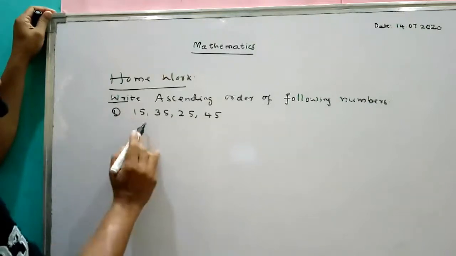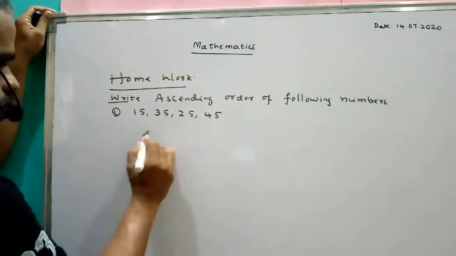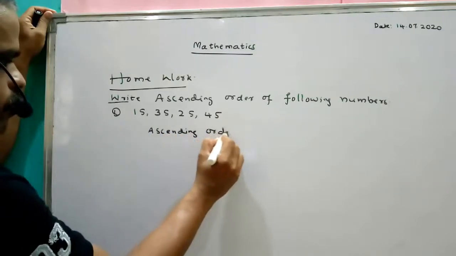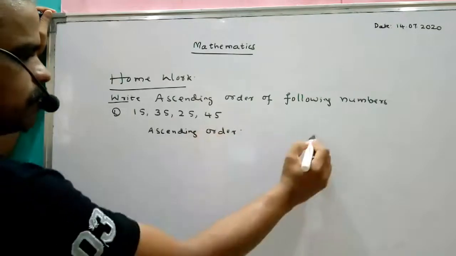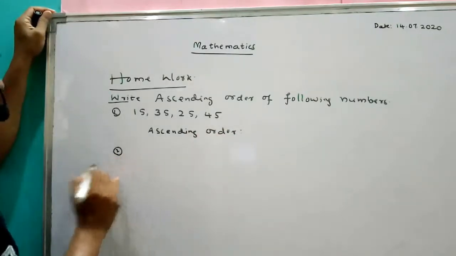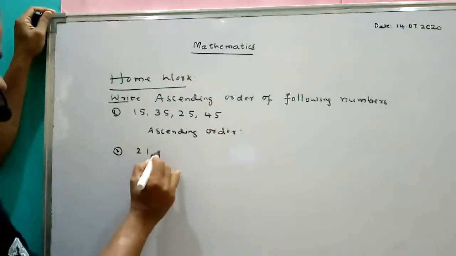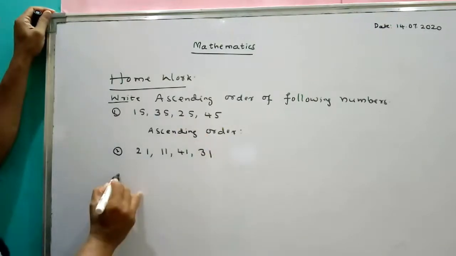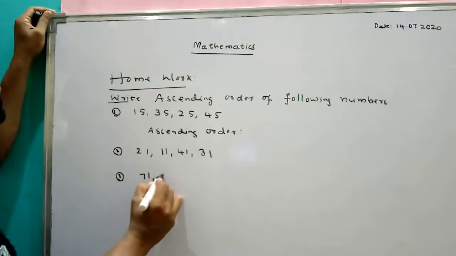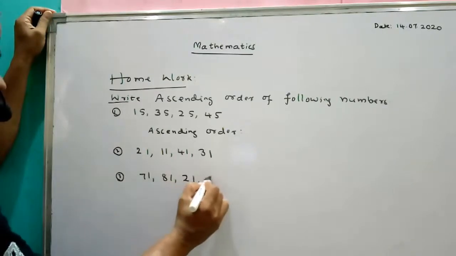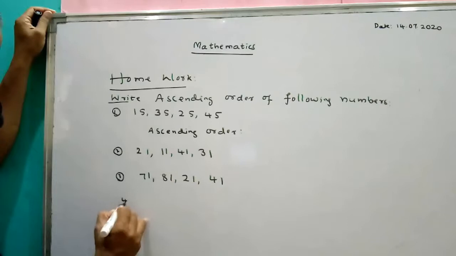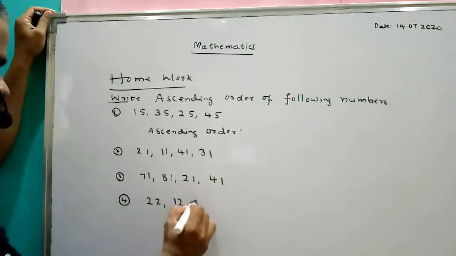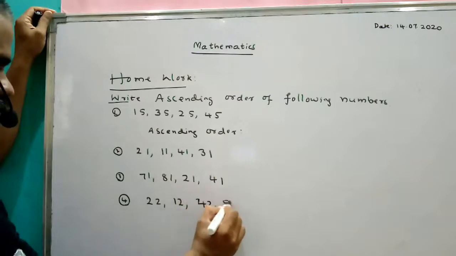While writing the answer, you have to write ascending order like this. Ascending order, full stop, then write the answer like that. Second question, 21, 11, 41, 31. Third one, 71, 81, 21, 41. Fourth, 22, 12, 42, 52.